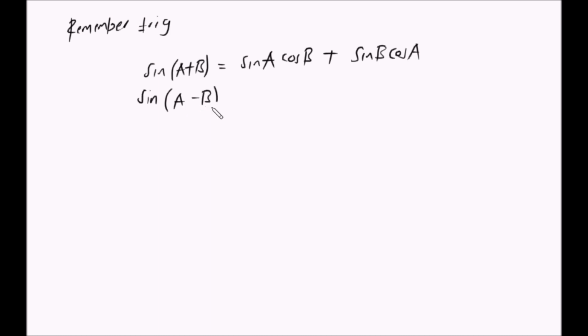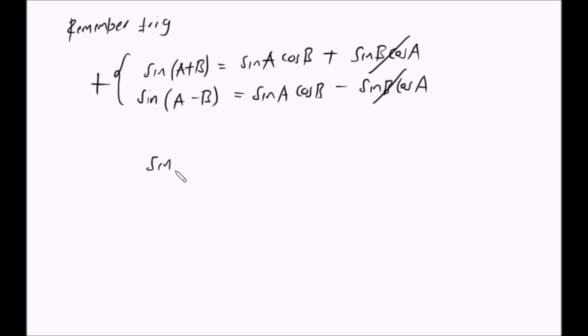We said that sine of (A plus B) is equal to sine A times cos B plus sine B times cos A, and sine of (A minus B) is equal to sine A cos B minus sine B cos A. So when I add these two, these terms become 0.